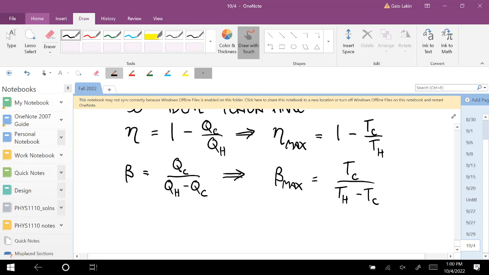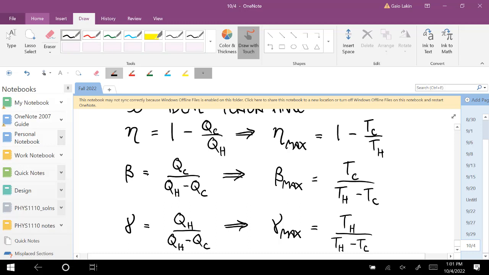And then for a heat pump cycle, before we defined gamma as QH over the quantity QH minus QC. And so that gives us that this maximum performance for a heat pump is the temperature of the hot divided by the quantity temperature of the hot minus temperature of the cold.